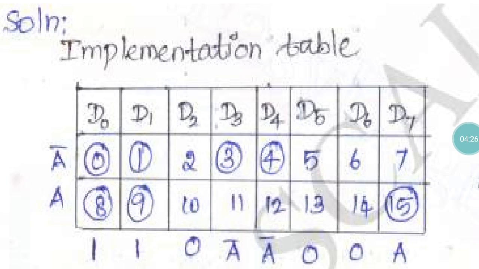So 1 D0 equal to 000, 1 is 8. Now we assign the output variables in the corresponding cells. So a bar D0 represents 0000 equal to 0, 0001 equal to 1, and it continues up to 7. There is no change in the first a bar row.